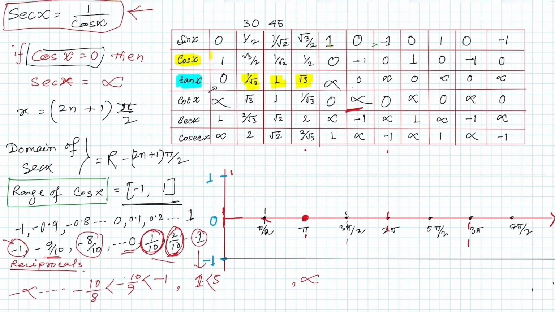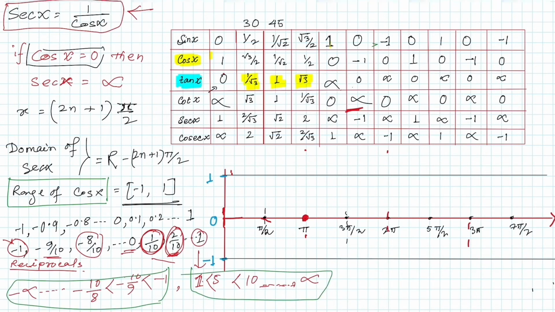Then reciprocal of 1 by 10 will be 10, which is again greater than 5. So it is moving towards plus infinity. So if you observe these values, these are the range of sec x.